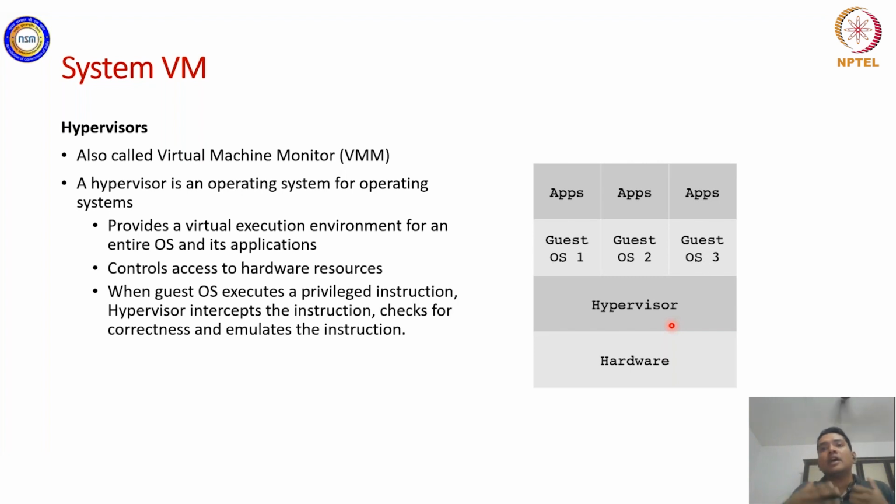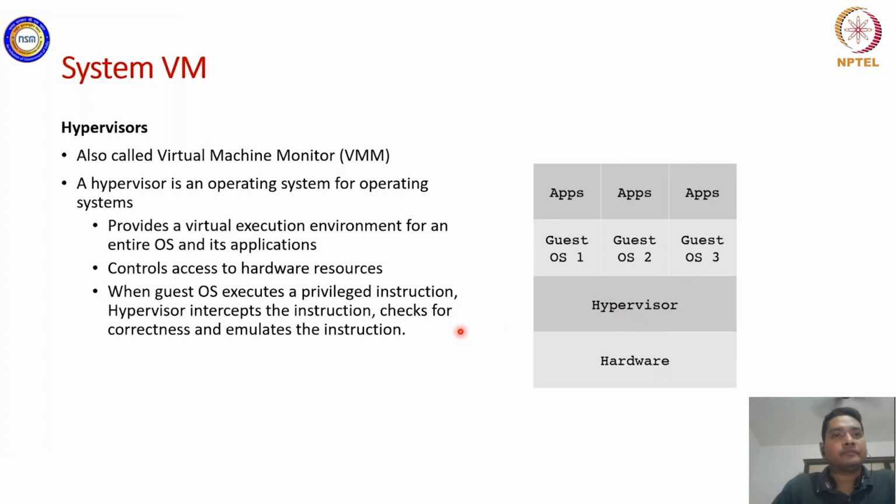Everything the hypervisor is now doing is the same, but for the virtual machines on top of it. So when the guest OS executes privileged instructions, the hypervisor intercepts them, checks for correctness, and then emulates that instruction for the underlying hardware. And that is the difference between a traditional OS and your hypervisor.